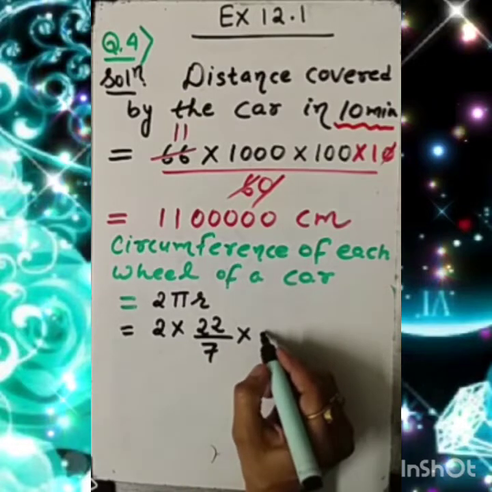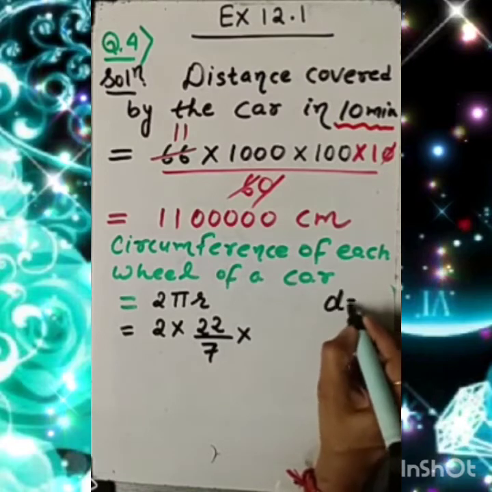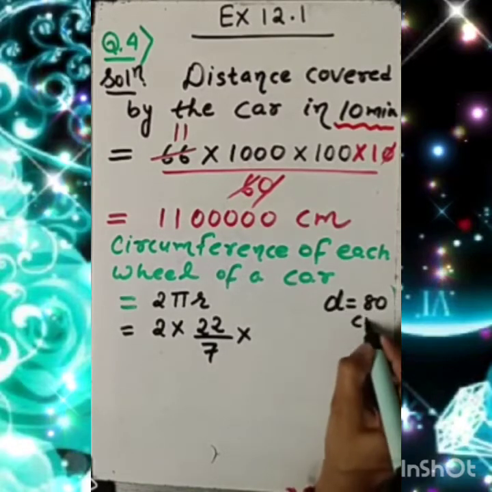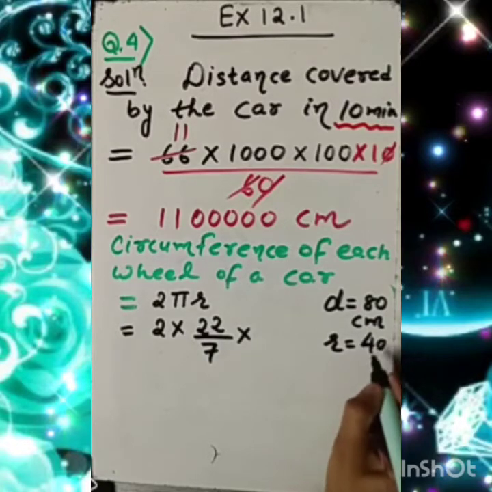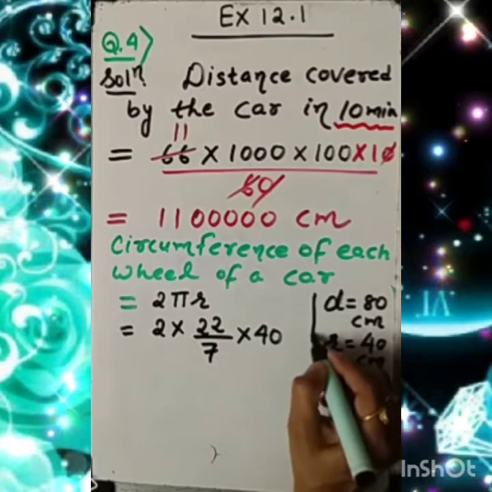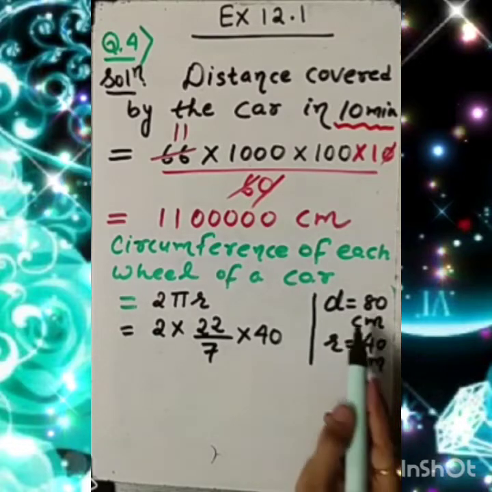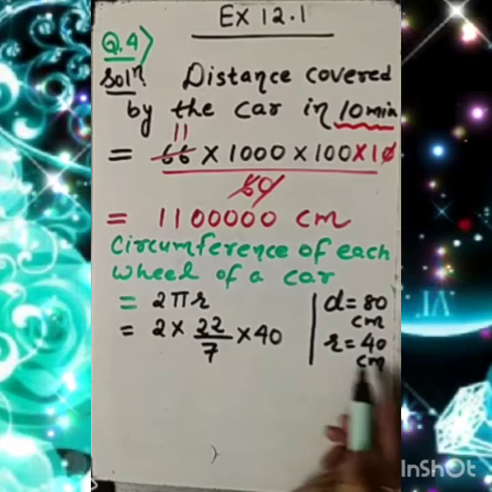What about r? R is the radius, but here in the question we are given diameter 80 centimeter, correct? So half of it is 40 centimeter. We need to apply this value; the diameter given is 80, so the radius will be 40.